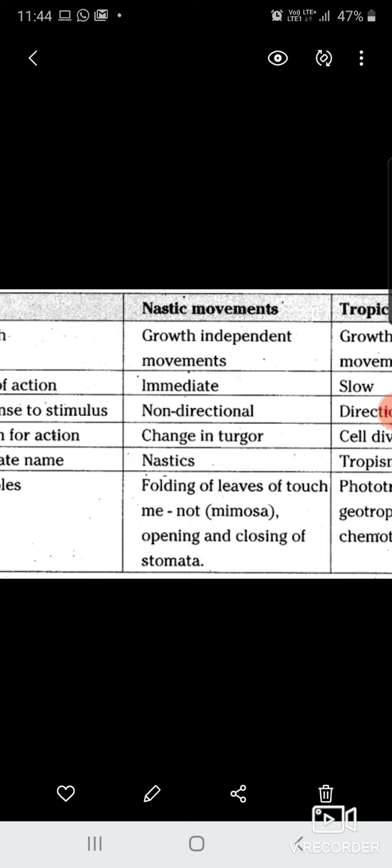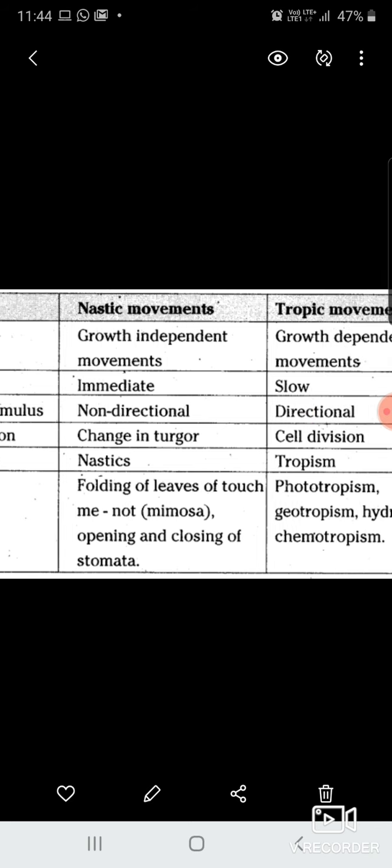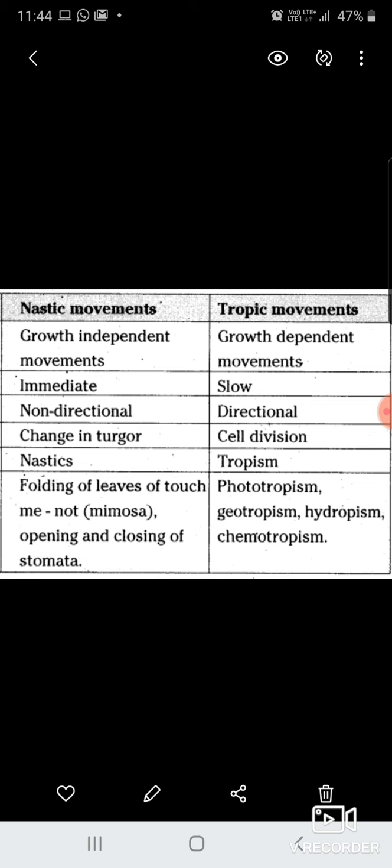So it doesn't depend where you are touching or what the direction of the stimulus is, as these nastic movements are non-directional. Whereas tropic movements are directional. It depends where the ray of light is coming from, where the water content is for hydrotropism, and where the gravity is for geotropism. So it depends on the direction of the stimulus.